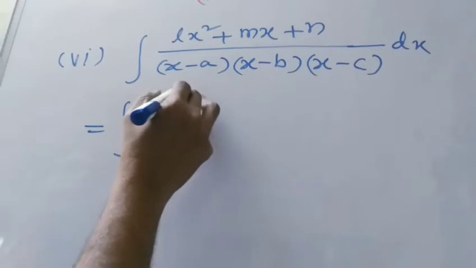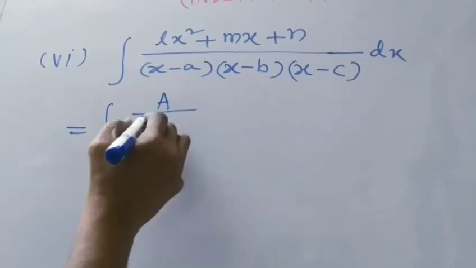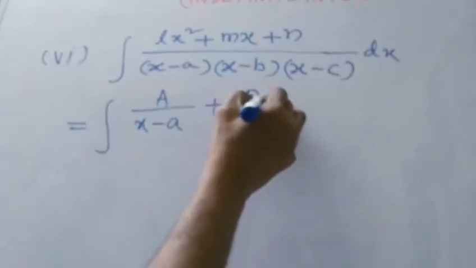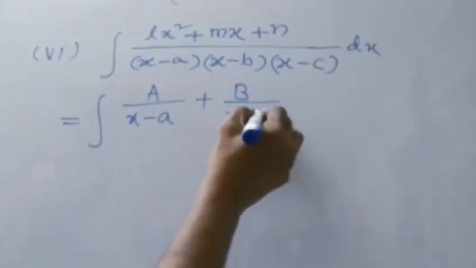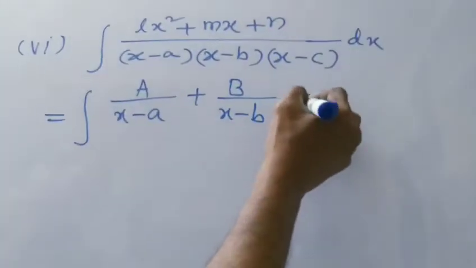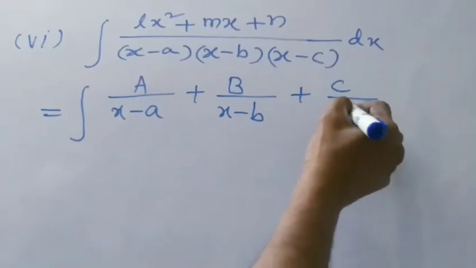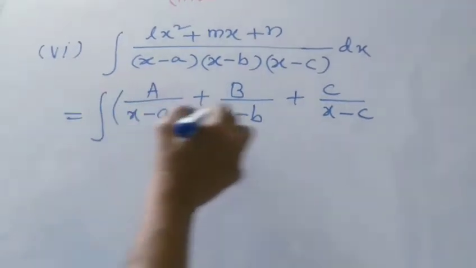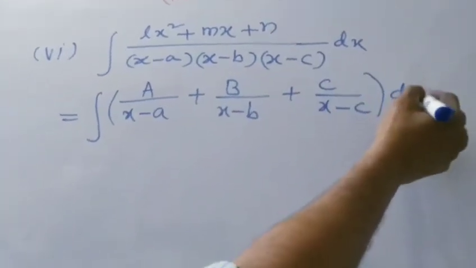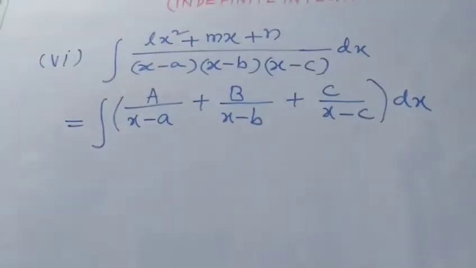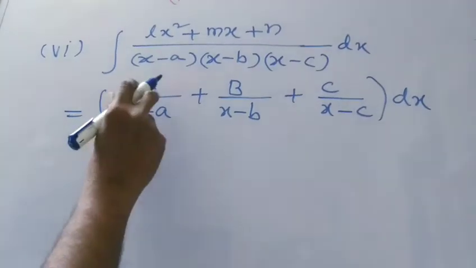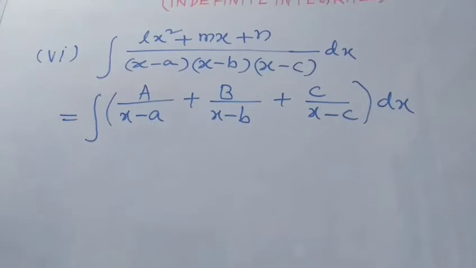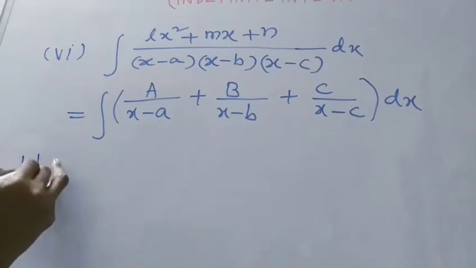integral of A by x minus a plus B by x minus b plus C by x minus c, all dx. Here A, B and C are the constants we are discussing.